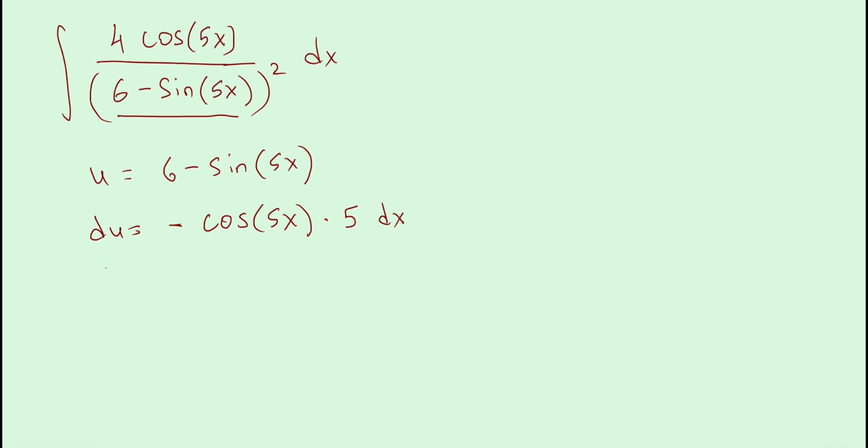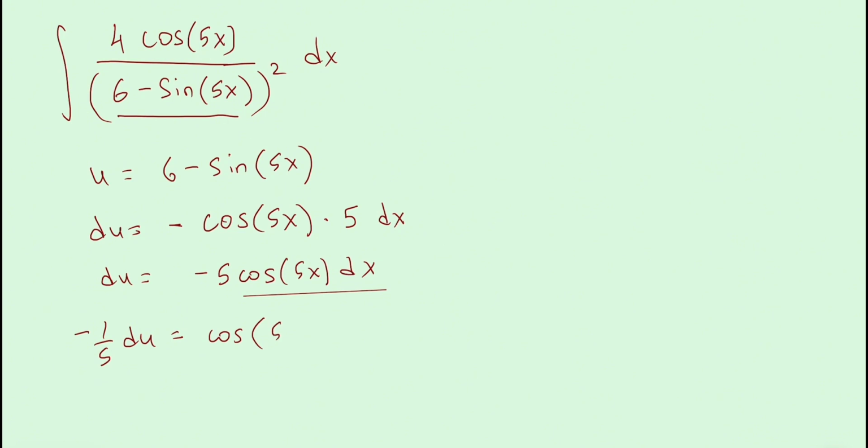Now let's rewrite this. Let's have it be negative 5 cosine of 5x dx. And now let's solve for cosine of 5x dx, because that's what we have in the numerator. So we will have negative 1/5 du equals cosine 5x dx.